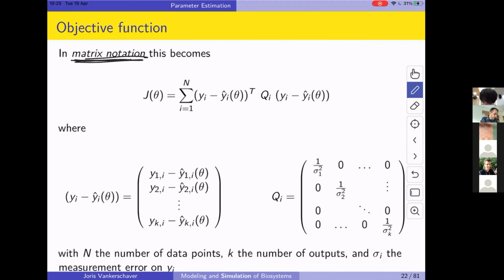Let's take our objective function from the previous slide: J is the sum from i equals 1 up until n. And if the variances are all equal, we have something of the form (y_i minus y_i hat of theta) squared.